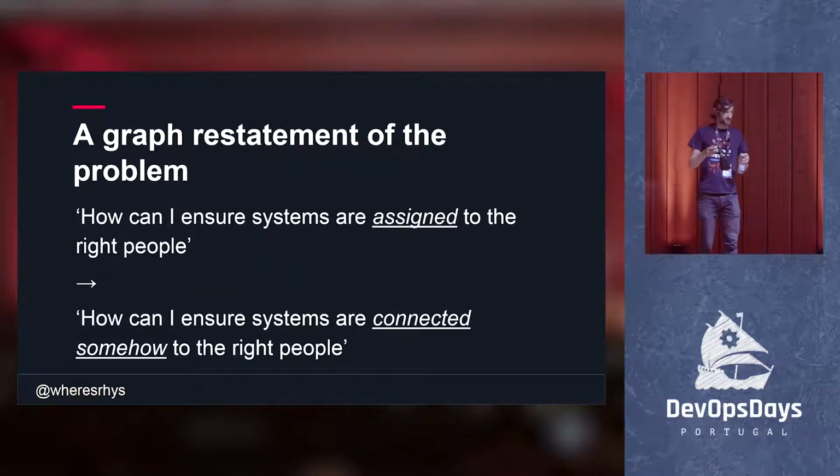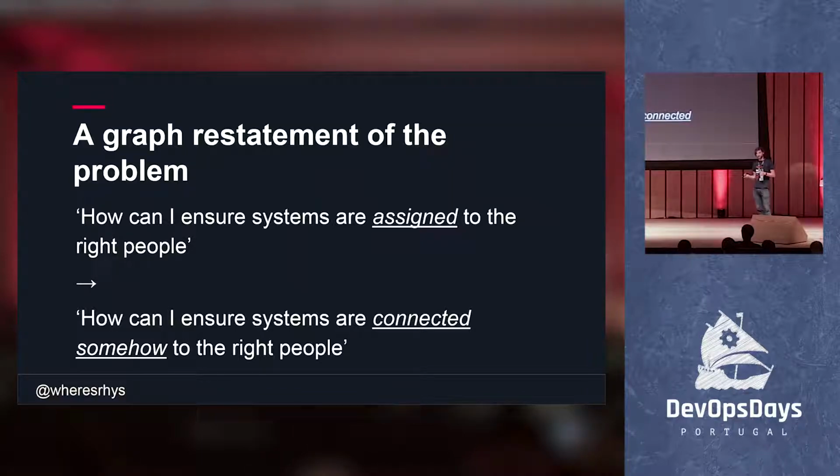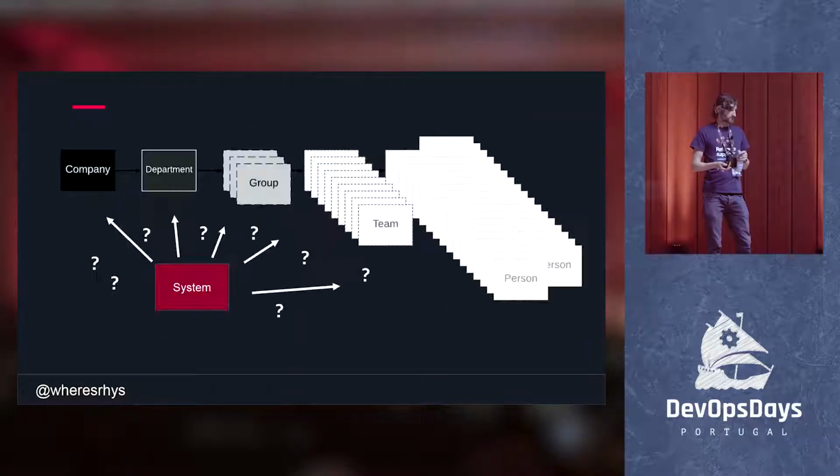Previously, with a relational database, you might ask a question like, how can I assign the right person to this system? Whereas with a graph database, because it's got the power to follow relationships, you can just ask the question, how can I connect someone via some chain of relationships to this system?